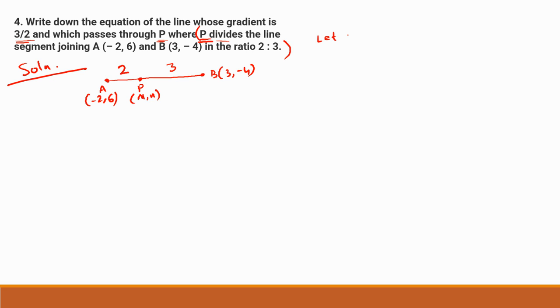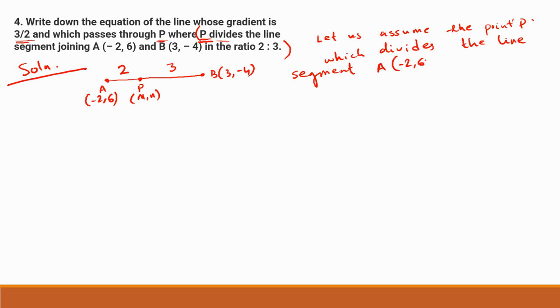Now also write it here. Let us assume the point P which divides the line segment A (-2, 6) and B (3, -4) in the ratio 2 is to 3 be (m, n).